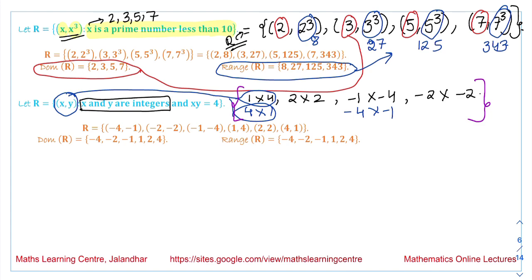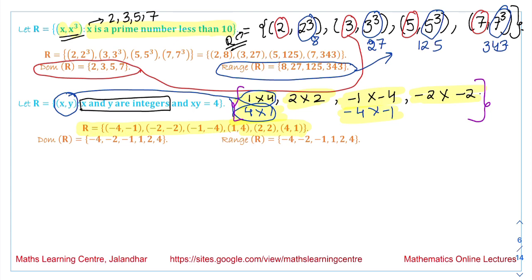So the relation R consists of the elements minus 4 comma minus 1, minus 2 comma minus 2, minus 1 comma minus 4, 1 comma 4, 2 comma 2 and 4 comma 1.